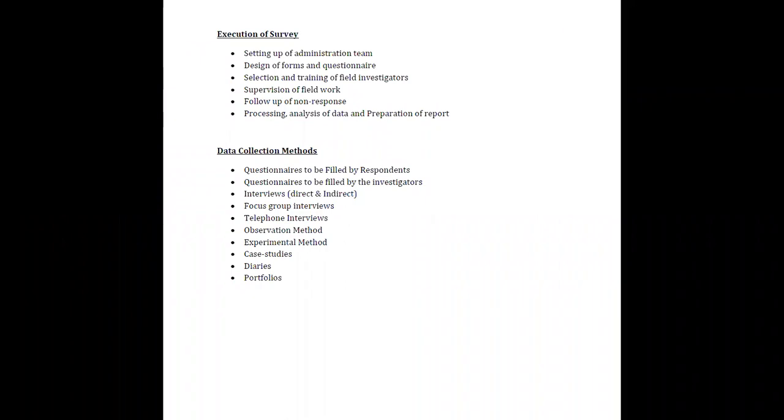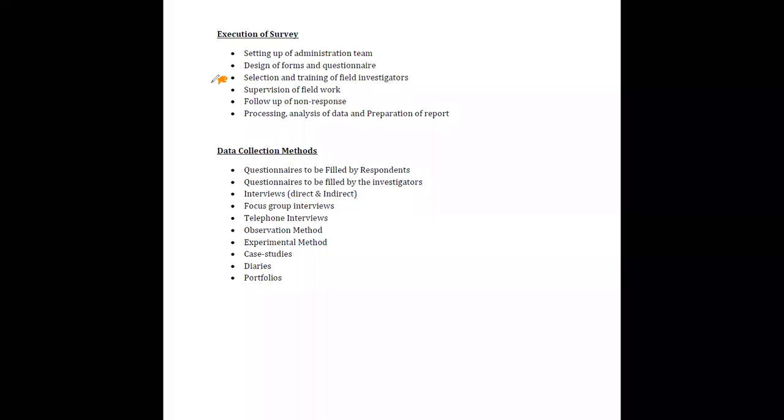And the next important thing is selection and training of field investigators. If you are the person who is initiating this survey, you may not be able to go to each and every place to collect the data.